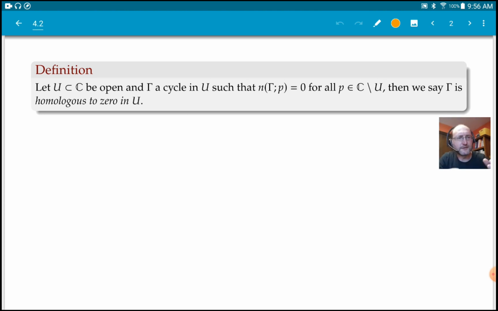This is a property of cycles with respect to some domain. Actually, it can be any open set; it doesn't have to be a domain, doesn't have to be connected.